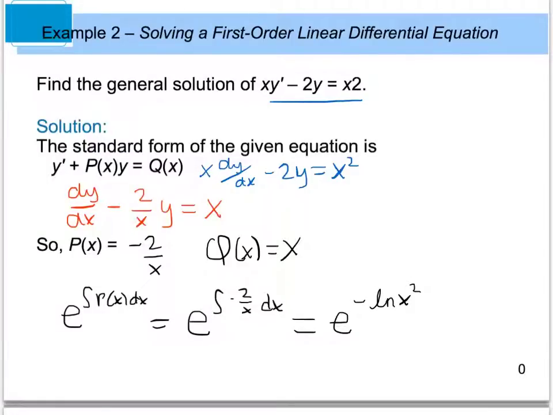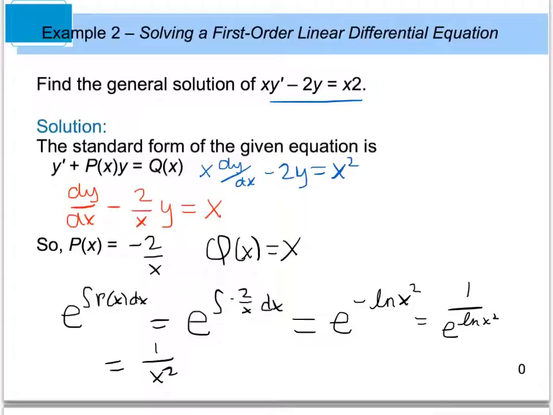Now, I know that when I take e to a negative natural log, this is really 1 over e to the natural log of x squared, and e raised to the power of a natural log is going to give me 1 over x squared, and this is my integration factor.